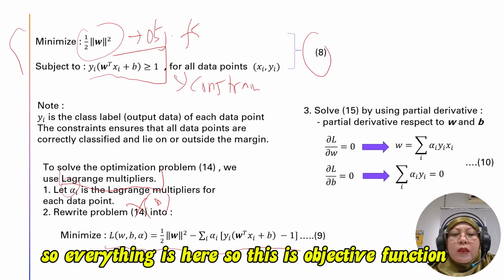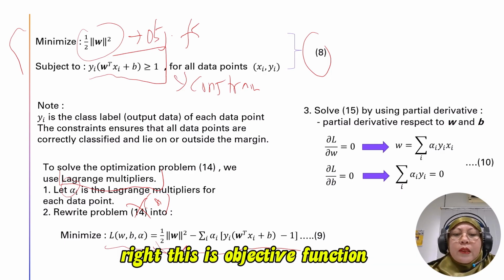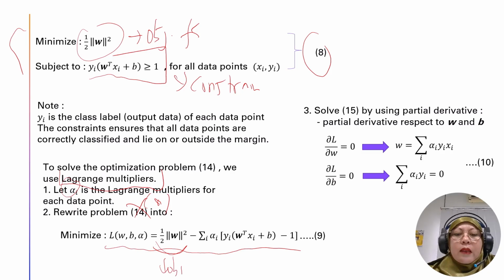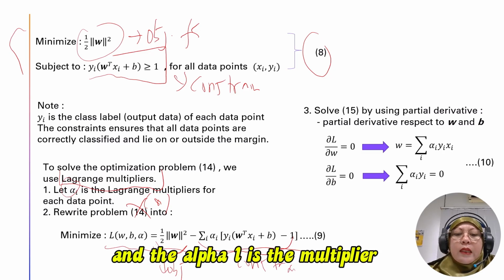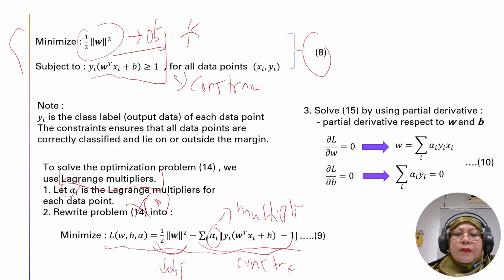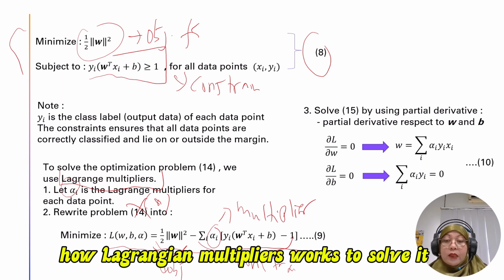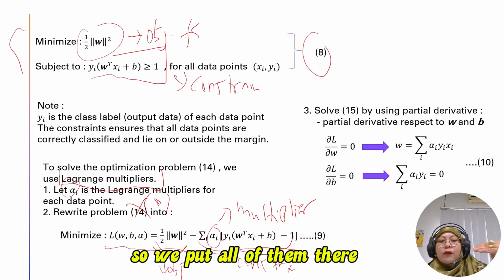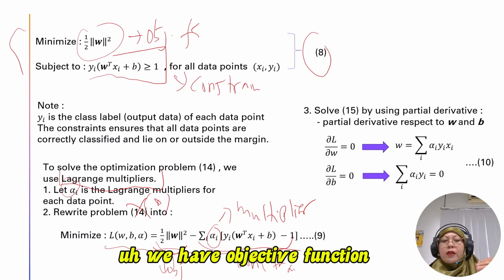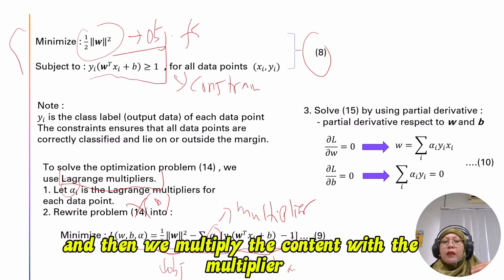This is the objective function, this is the constraint, and alpha i is the multiplier. This is how Lagrange multipliers work to solve it. We have the objective function, we have the constraint, and then we multiply the constraint with the multiplier.